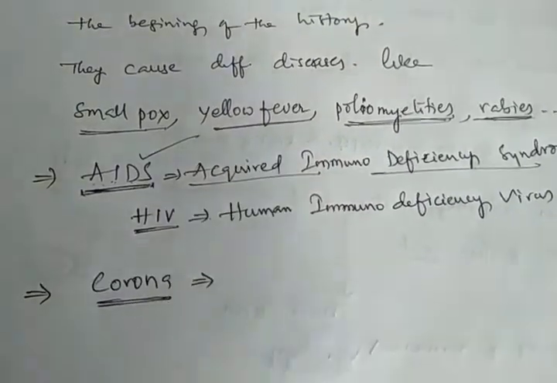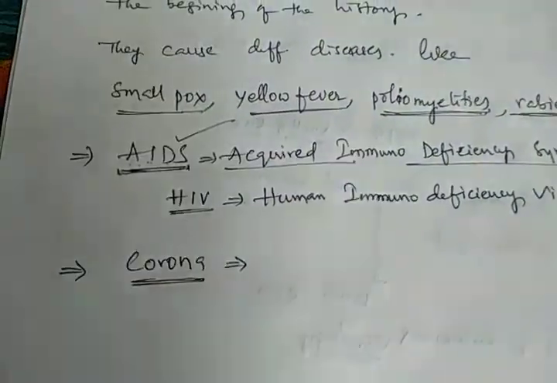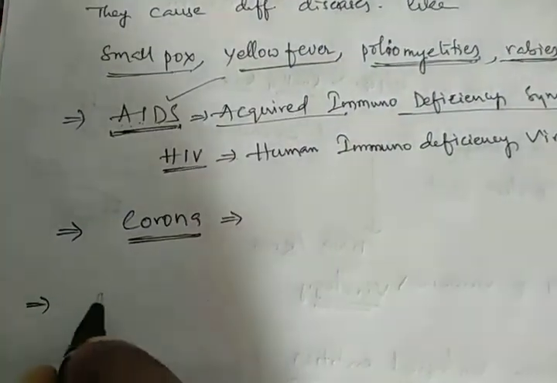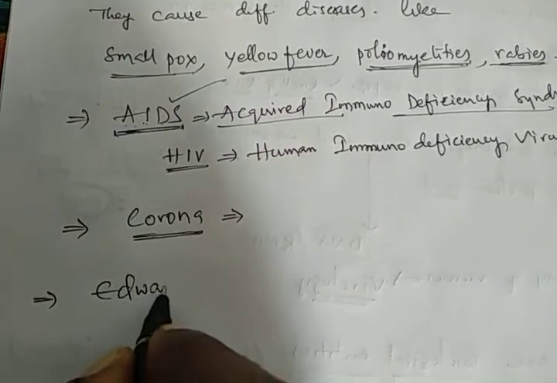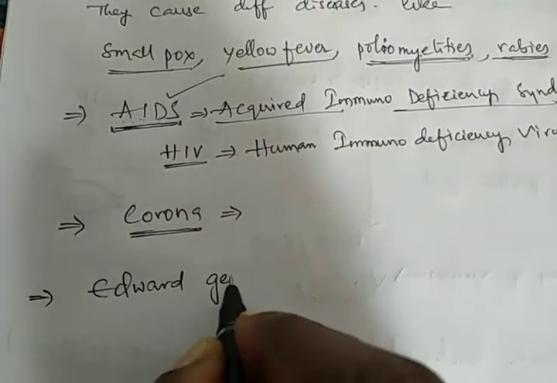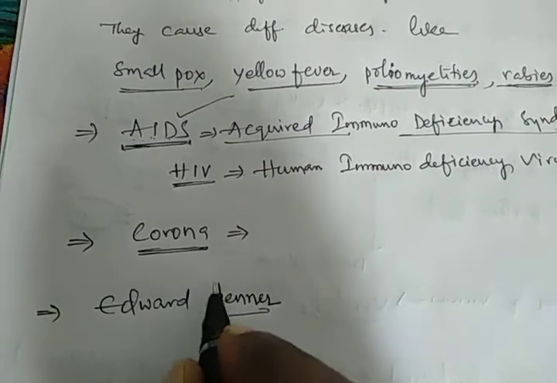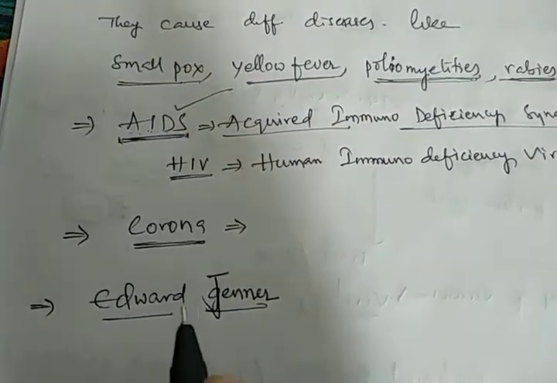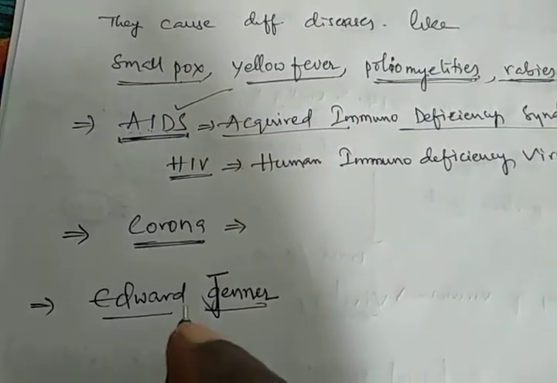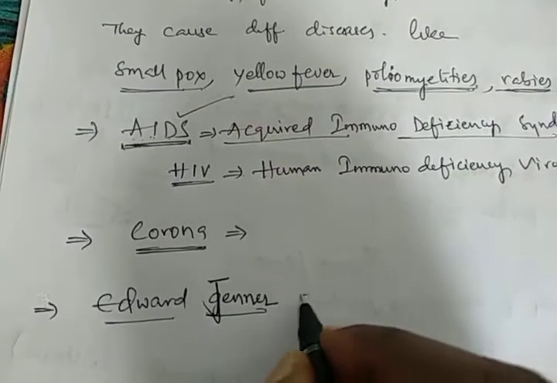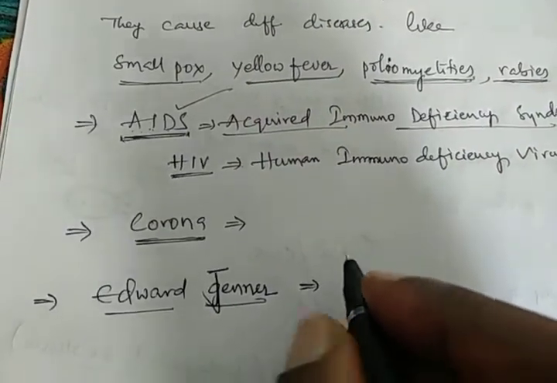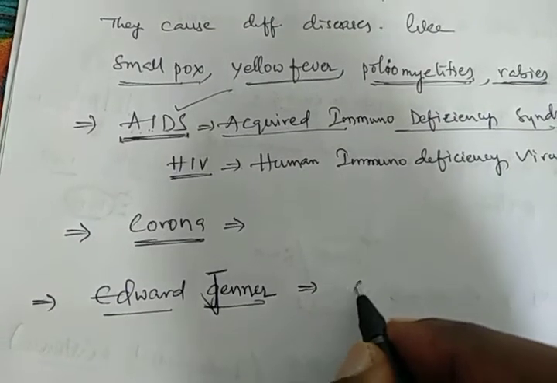Right. Next, Edward Jenner is the scientist who made the vaccine for smallpox.